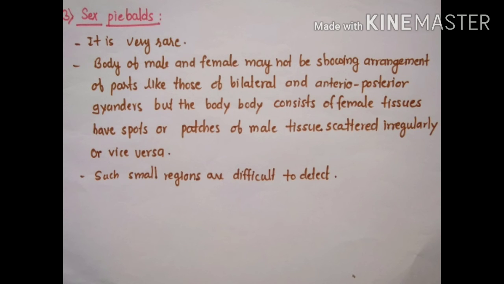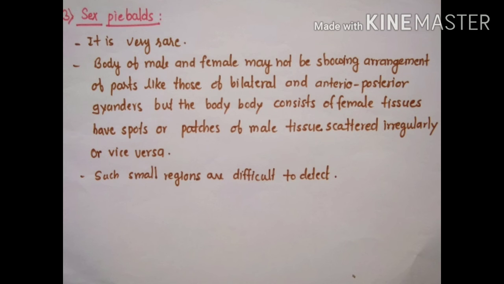But the body consists of female tissue having spots or patches of male tissue scattered irregularly or vice versa. However, such small regions are difficult to detect.